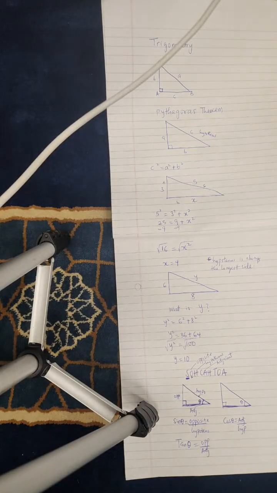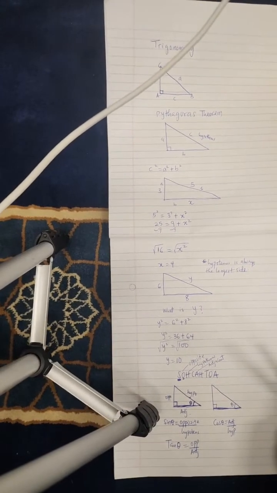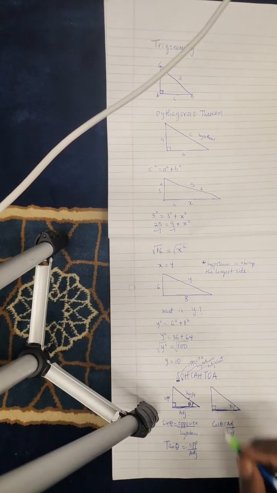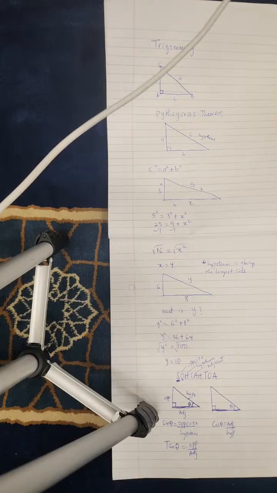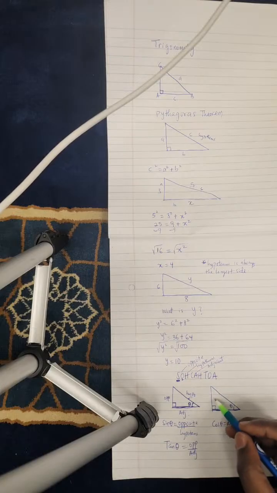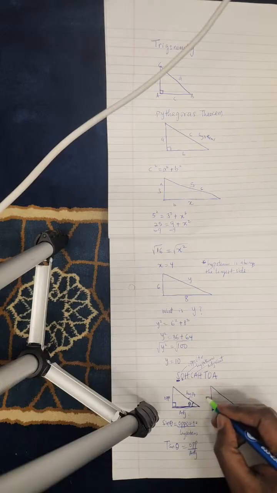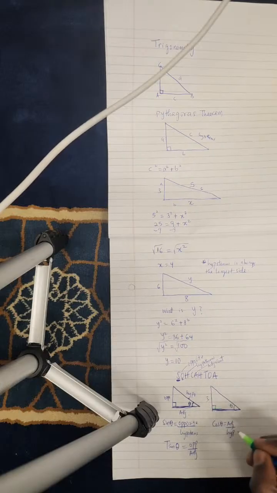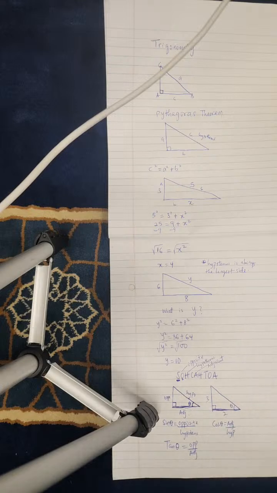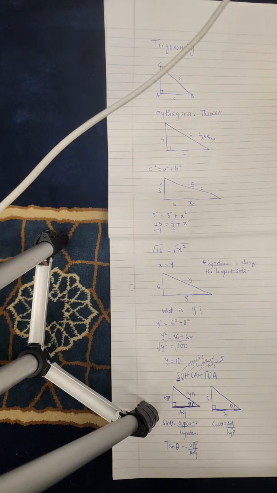Now, let's have an example. Considering this triangle, here we have 3, and we have 4. And we want to find these trigonometric ratios.